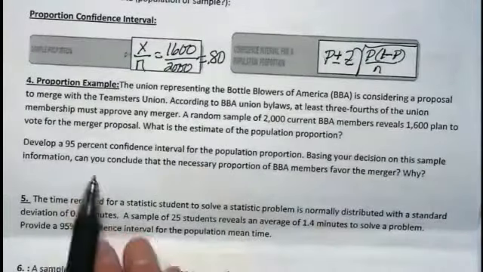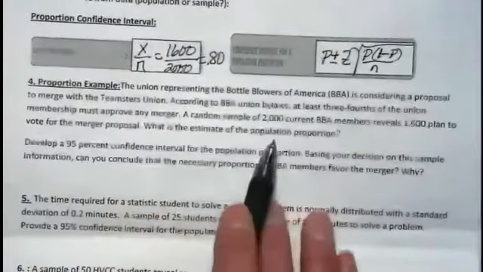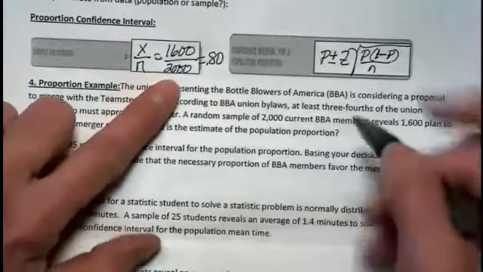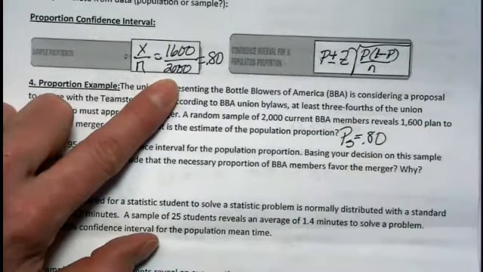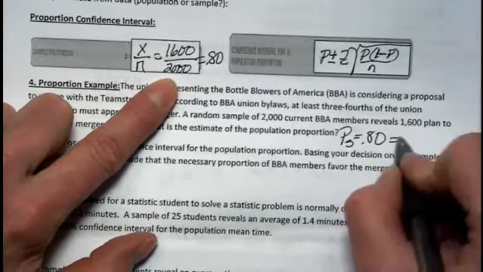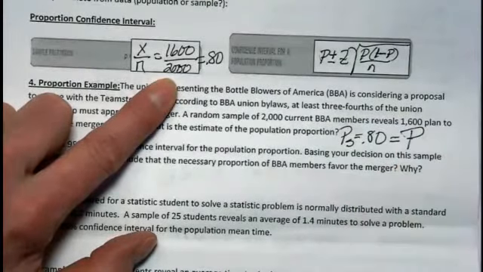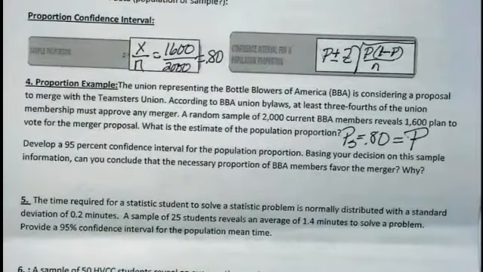So, when I ask what is the estimate of the population proportion, well, we have this sample proportion now, that's 80%. That will estimate our population. Just like I had on the other two examples, the sample is the best estimate of the population.